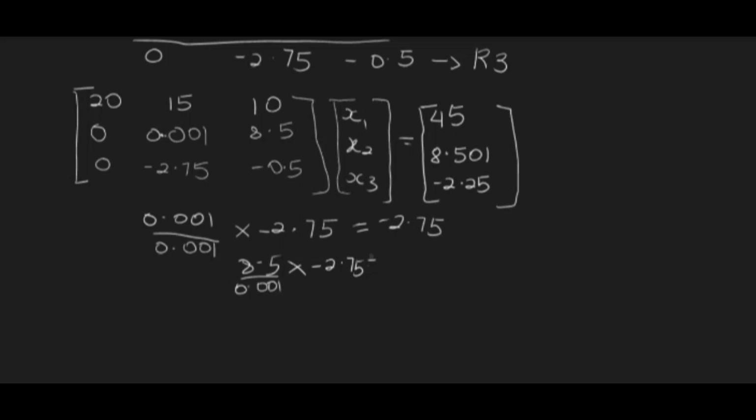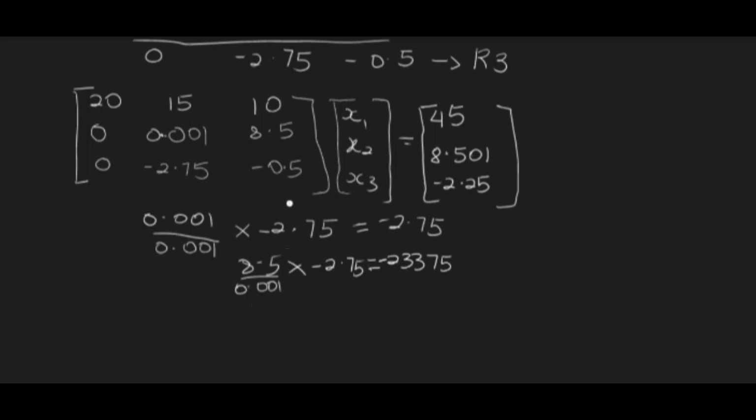So 8.5 over 0.001, then multiply it by negative 2.75. That will give us 23375, and it's a negative number.